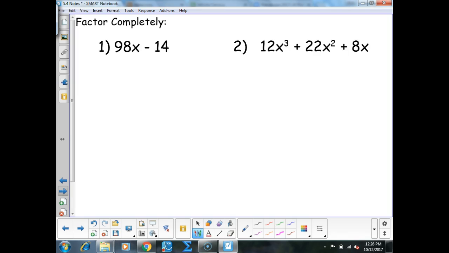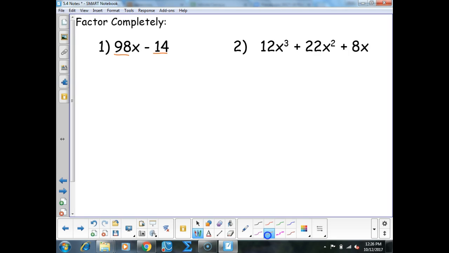So let's factor completely. Do you want to try them on your own, or do you want me to go through the first two? Go through the first two? Okay. So, looking at numbers here, 98 and 14. For 14, my choices are 1, 2, 7, and 14, right?